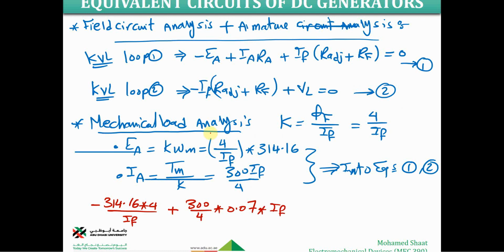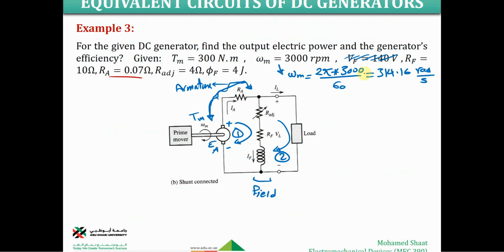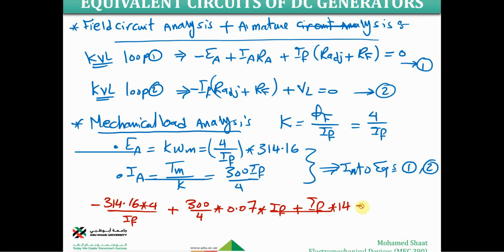I just substituted for IA with this value here, plus the IF, which we have no clue how much it is, times 14. Why 14? Because R adjustable is 4 and RF is 10, as already given here. It is 10 ohms plus R adjustable, which is 4. This gives in total 14, equals 0. So we're going to end up with a quadratic equation. To get rid of the IF in the denominator, we have to multiply all the terms times IF.